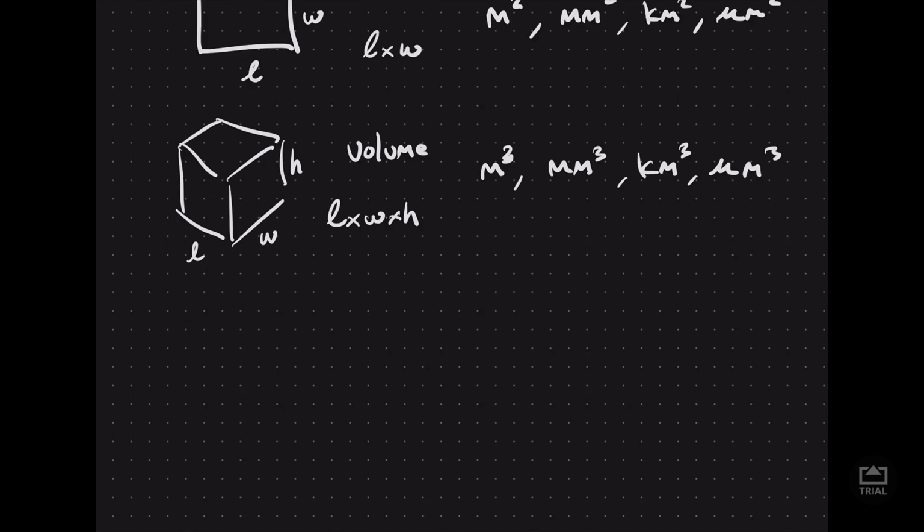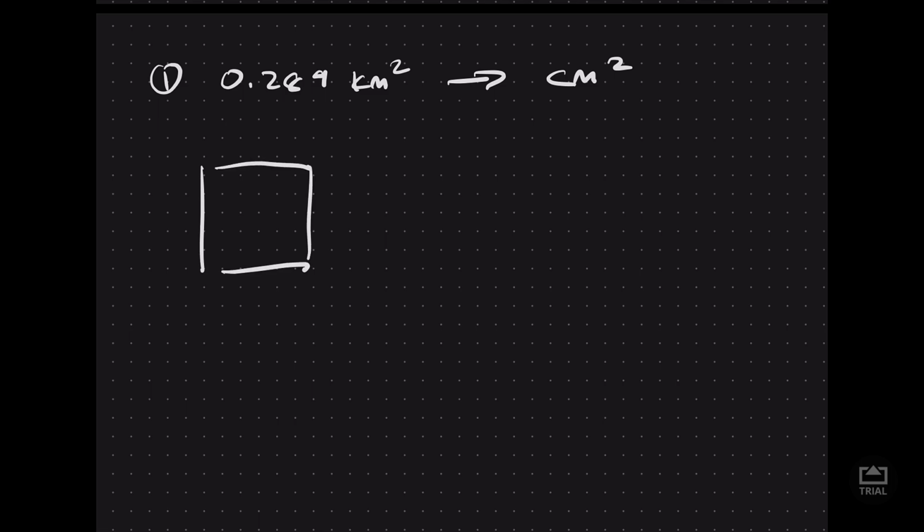So let's go take a look at an example question here. We're going to convert 0.289 kilometers squared to centimeters squared. Now, I don't have an actual object here, but I know it's squared, so it's going to have two dimensions.